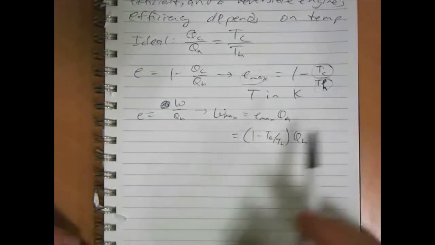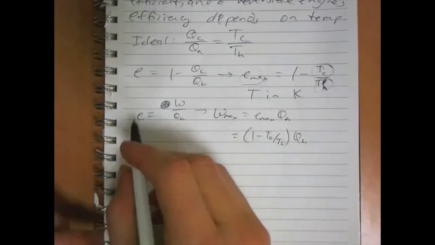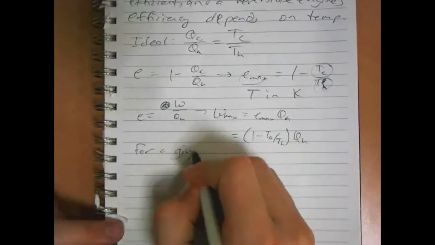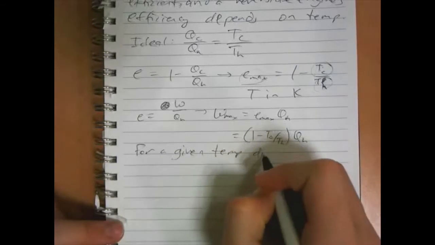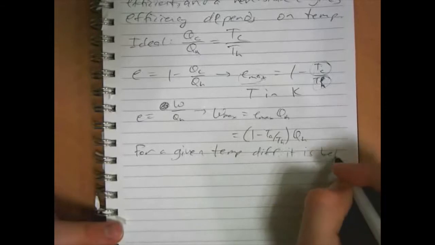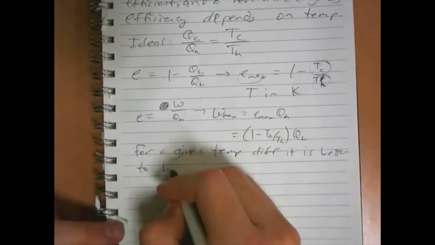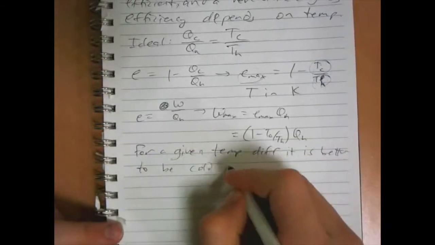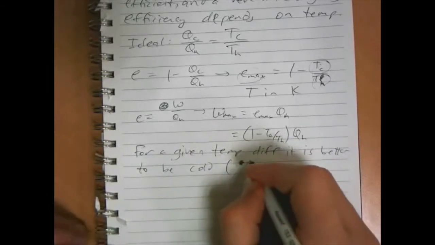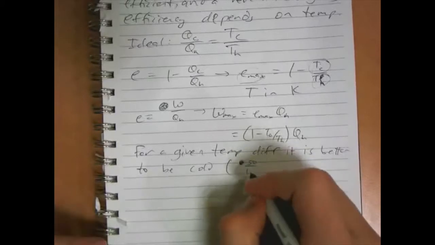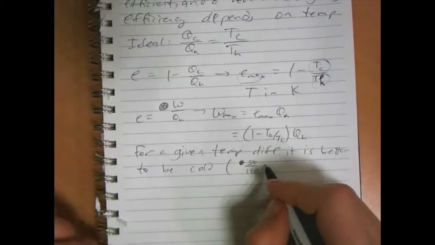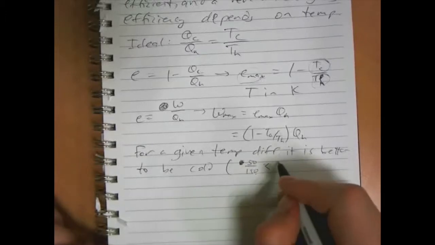Now, note that for a given temperature difference between the hot and cold reservoirs, it is better to be cold. i.e., we can't do 0, but say we had 50 Kelvin at the cold reservoir versus 150 Kelvin at the hot reservoir, that's going to be a smaller number than if we have 150 over 250, for example.